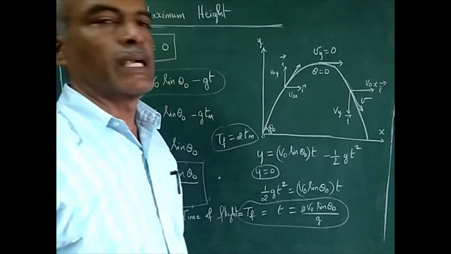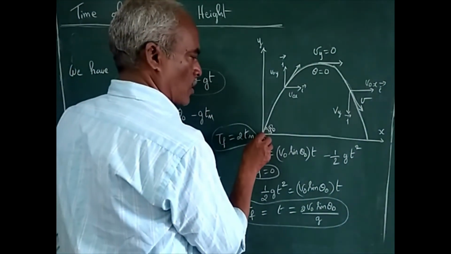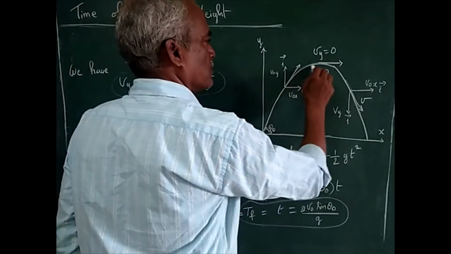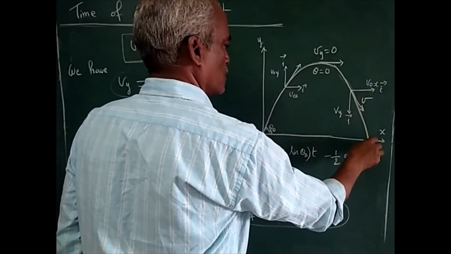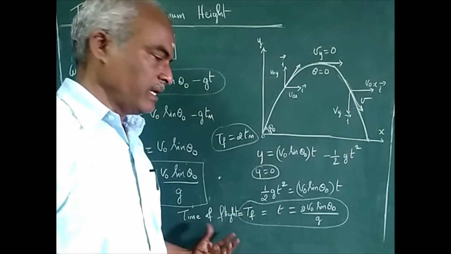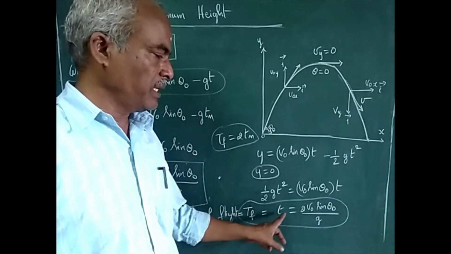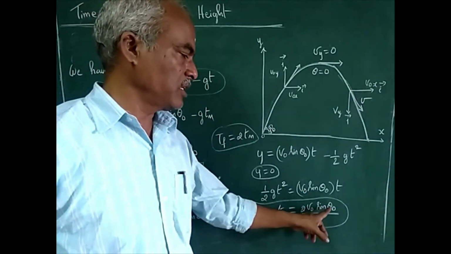This is called time of flight. Time of flight means from origin it takes some time to reach maximum and once again comes to this point. This is the time taken. That is called time of flight, which is equal to capital Tf, which is equal to t, which is equal to 2 V naught sin theta naught by g.